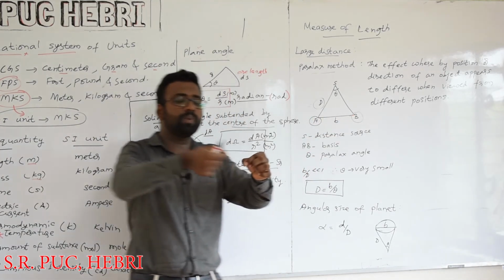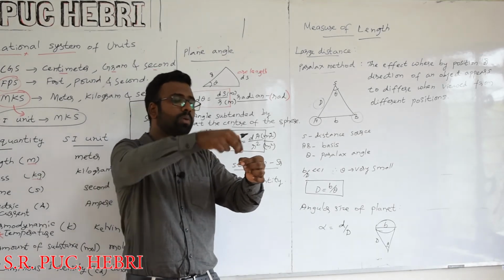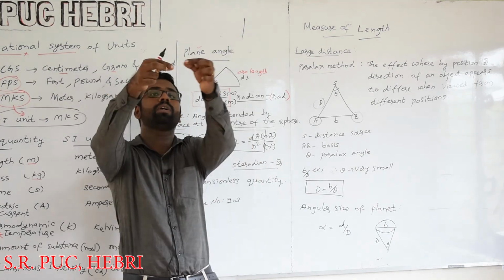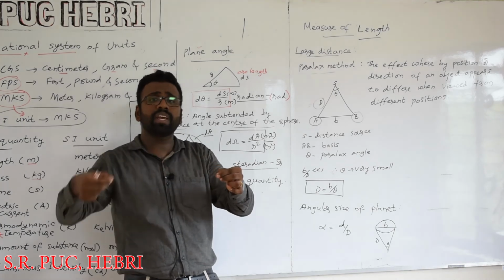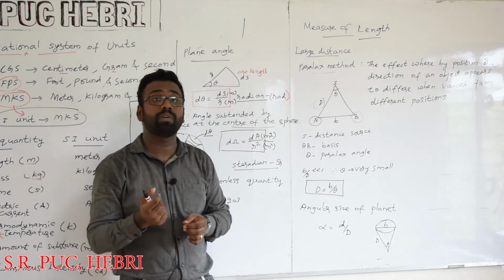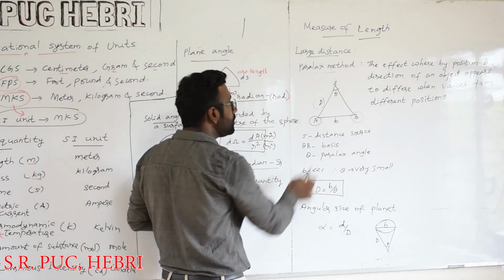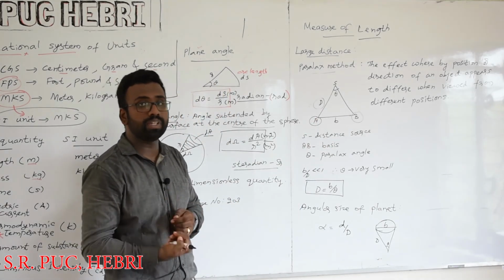It may be the distance between two places where you are observing. So you observe from this place, then you also observe from this place to the common object. So the distance between A and B is very small compared to the distance you are measuring. Correct? Okay. So with B by D very small, you will have this angle very small. Obviously theta has to be very small.